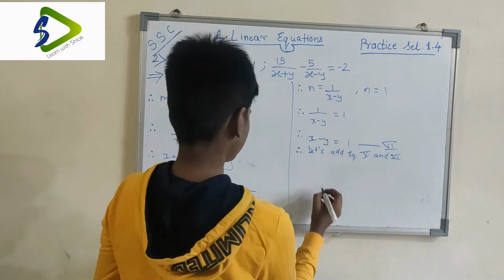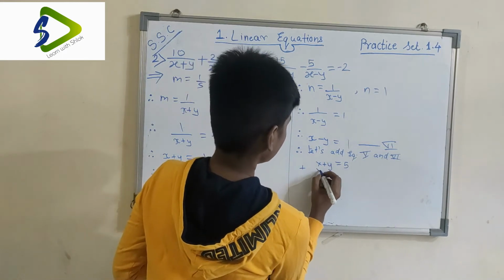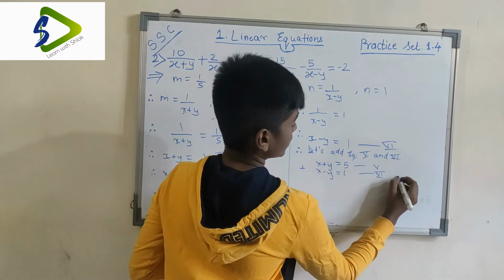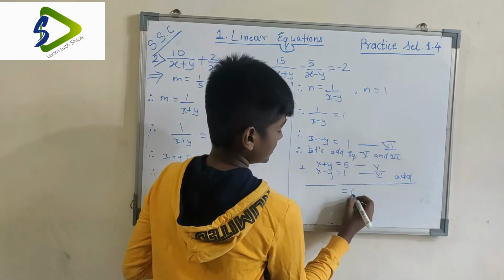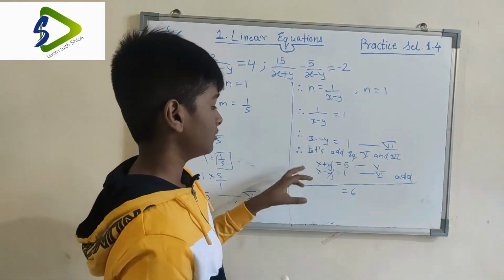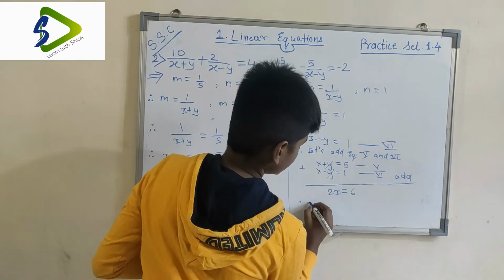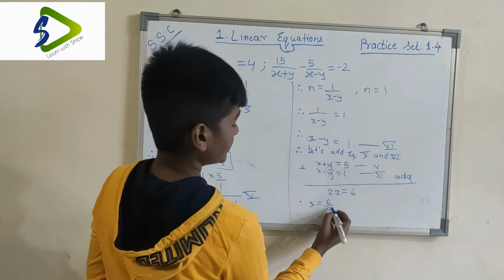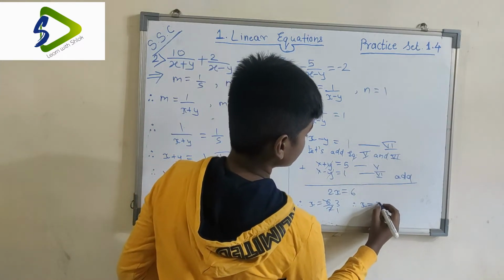So now if you add these equations, x plus y is equal to 5 plus x minus y is equal to 1, fifth and sixth, over here add, we get our answer as 5 plus 1 is 6, and plus y plus minus y will be 0y, which means we cancel these both out, and x plus x is equal to 2x, and therefore x is equal to 6 by 2. And now you can divide this 6 by 2, 2 ones are 2 and 2 threes are 6, so therefore x value we get as 3.